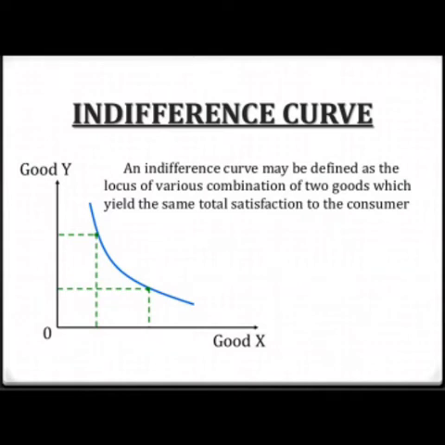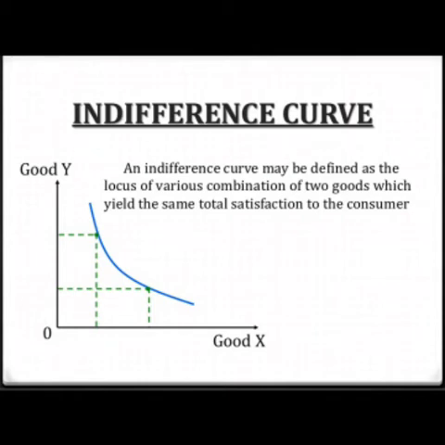Consumer is indifferent means the consumer can choose any group of two goods, that is, group X and group Y. In this displayed example, this indifference curve shows different combinations of goods X and Y which give the same level of satisfaction to the consumer.